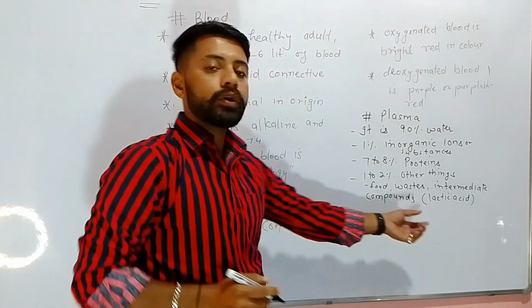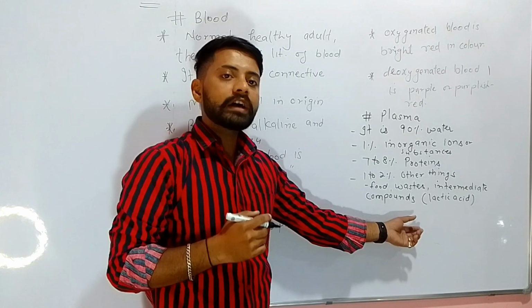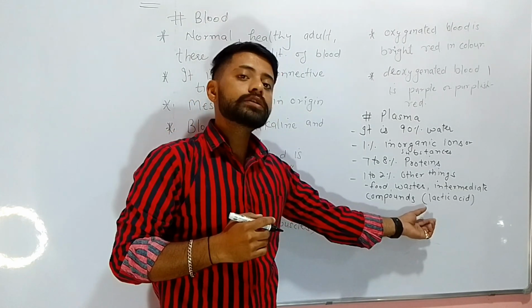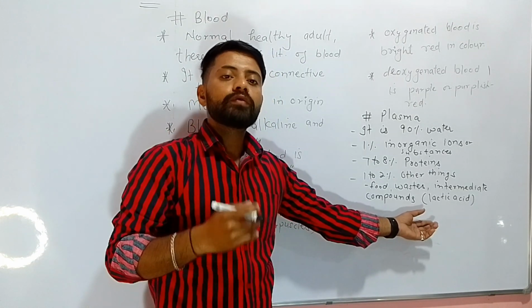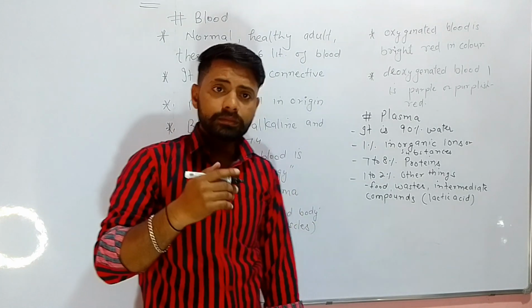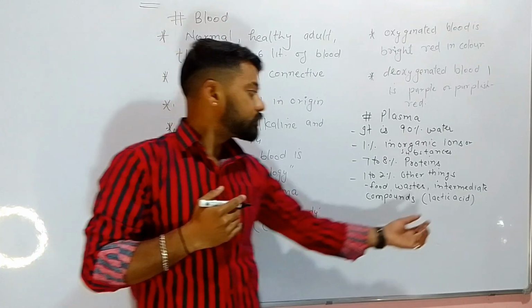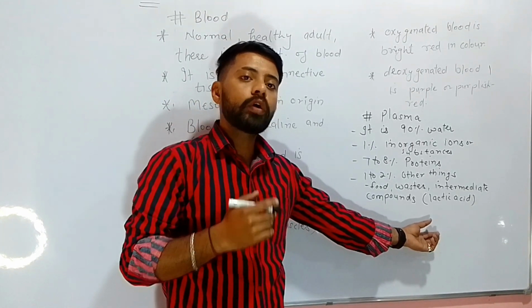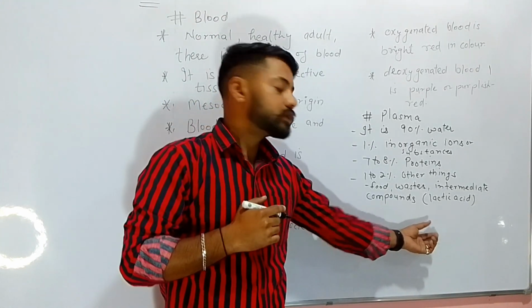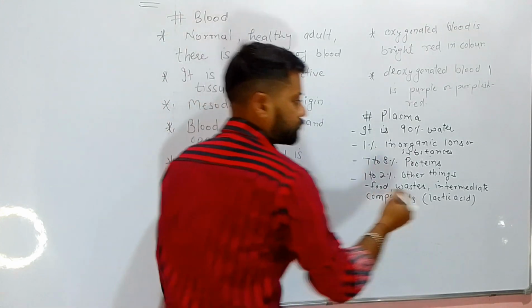This lactic acid is produced in the muscles after heavy exercise, and it is transported to the liver where it dissociates into simple compounds and then releases energy. This transportation of lactic acid from the muscles to the liver is done through the plasma.